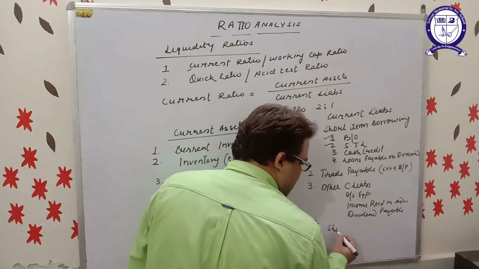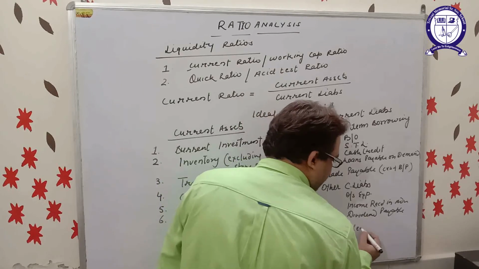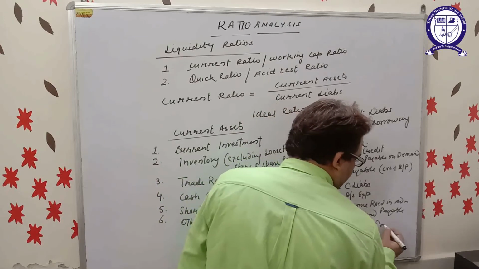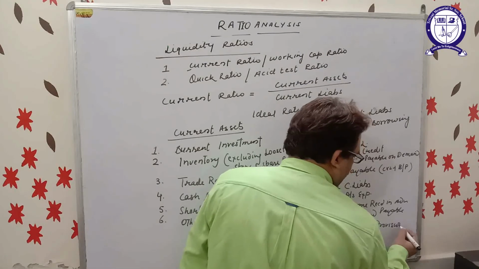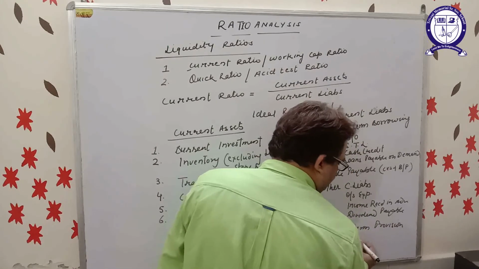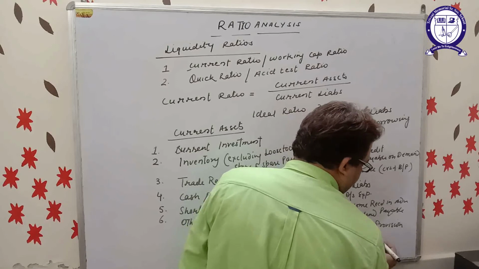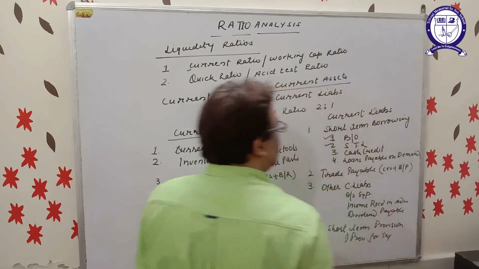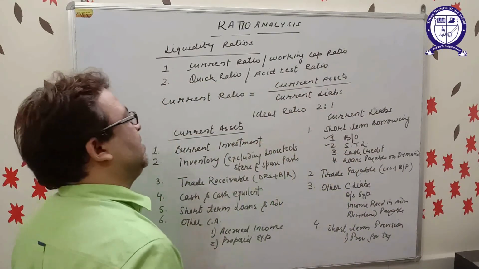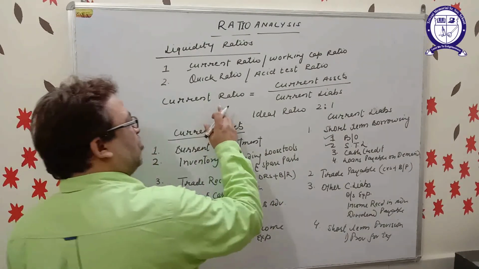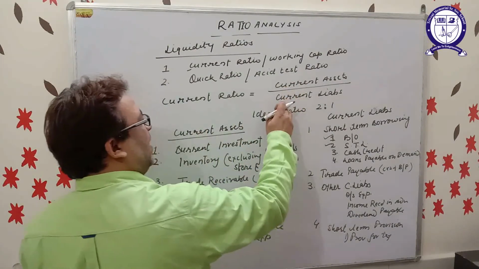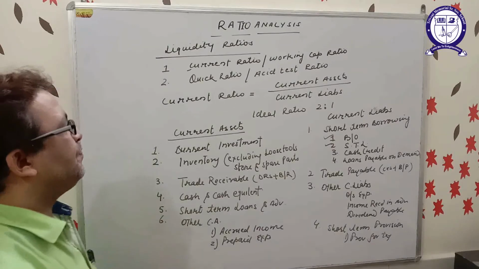Last, short-term provisions, and the main is provision for tax. So these are some current liabilities. So the formula of the current ratio is current assets divided by current liabilities.